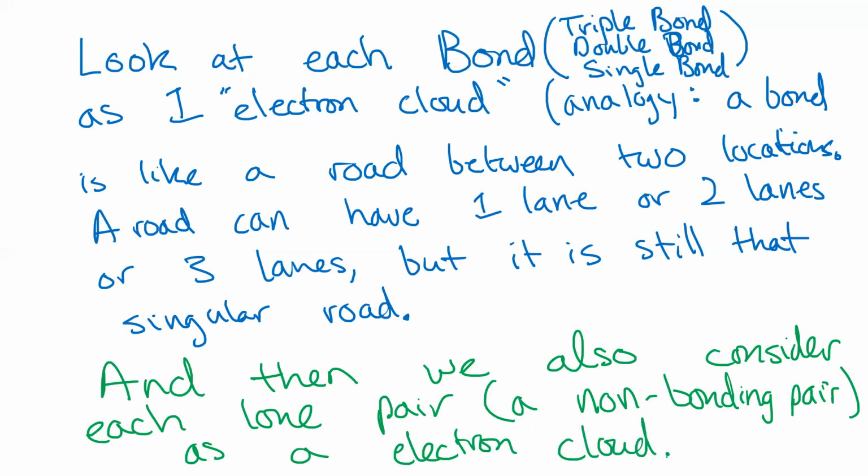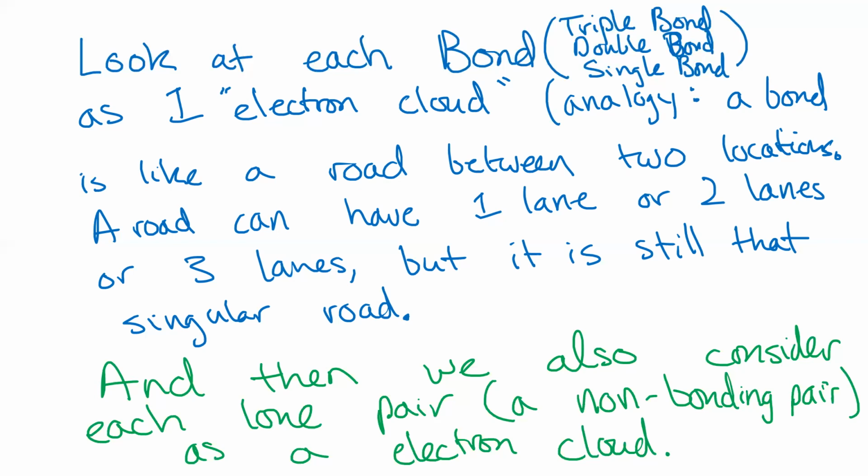So we count the number of electron clouds around a central atom. A bond, be it triple, double, or single, is one cloud, and then each lone pair itself is also one electron cloud. Okay.